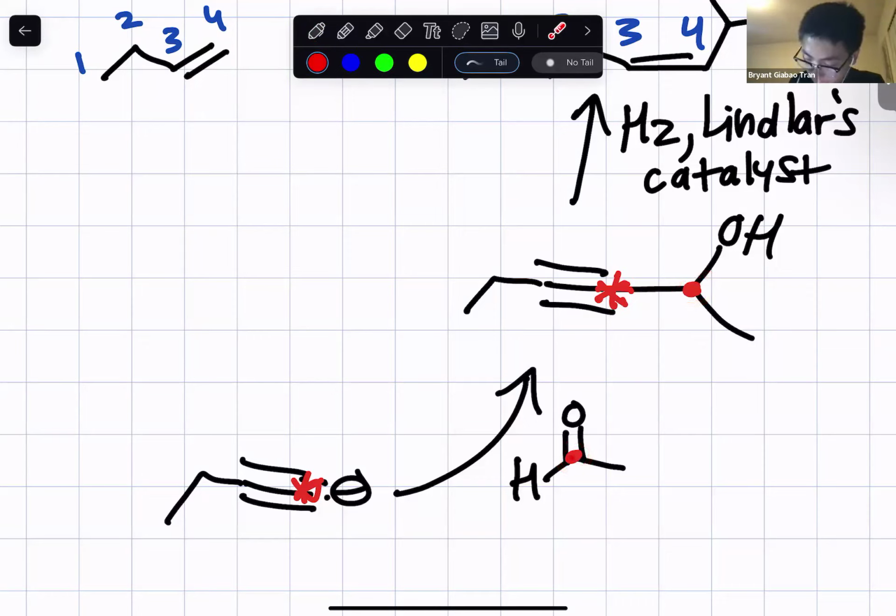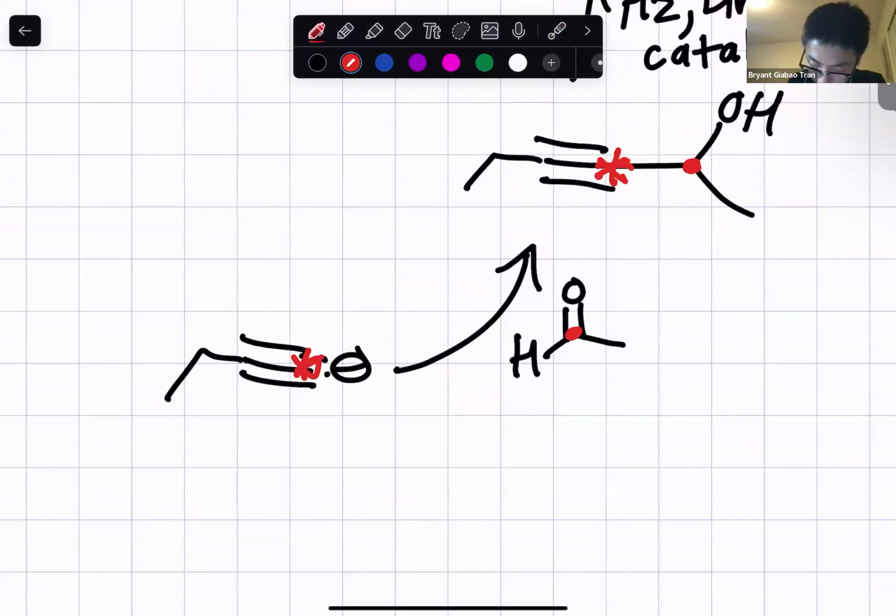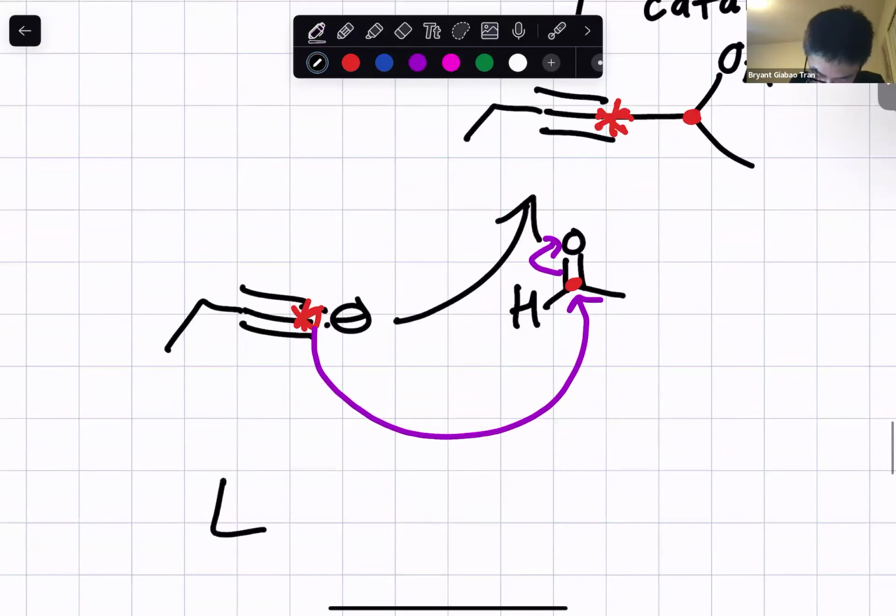That dotted carbon is attached to a methyl group, which is this methyl group right here, and a hydrogen, which is that hydrogen right there. When I do this reaction right here, we know that the nucleophile, the star atom, attacks the dot atom, the electrophile, and it pops up the double bond to the oxygen right there, right? When that happens, we are going to get this product here.